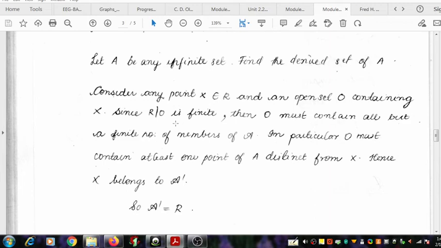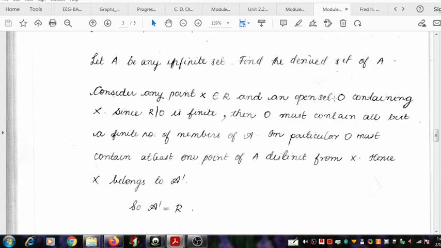And when x is an element of R, let us take an open set O. We choose an open set O which is contained in R, the mother set, and that also contains small x.